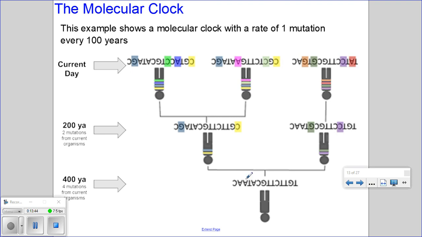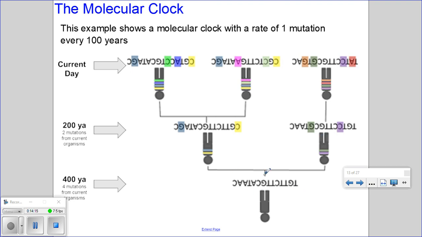Between that common ancestor and the current species, there are a total of 4 different mutations in that DNA sequence. If you get about 1 mutation for every 100 years, it indicates that there is a difference of 400 years between these current day species and that common ancestor.